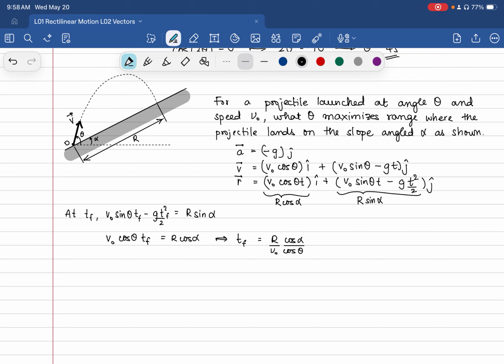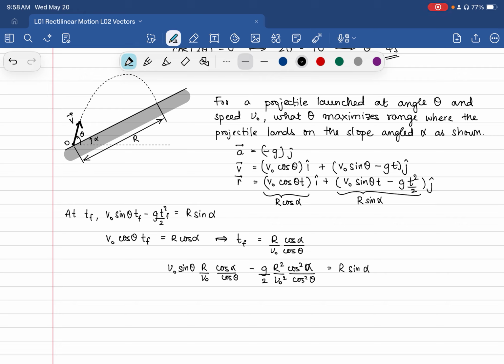And this tf, if you substitute back up, you will then get v naught sine theta times r over v naught cos alpha over cos theta, minus g over 2 times r square cos square alpha over v naught squared cos squared theta, is equal to r sine alpha.